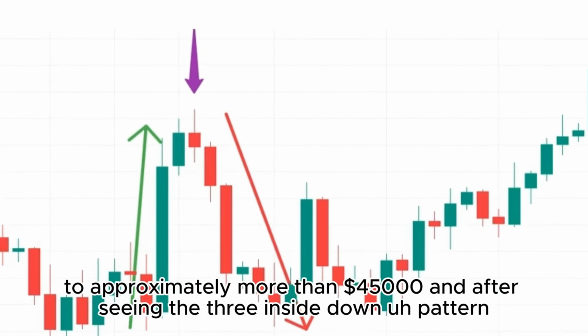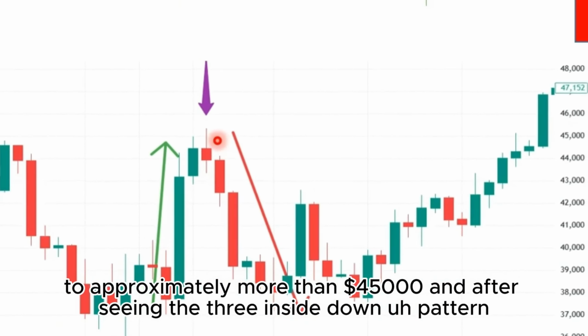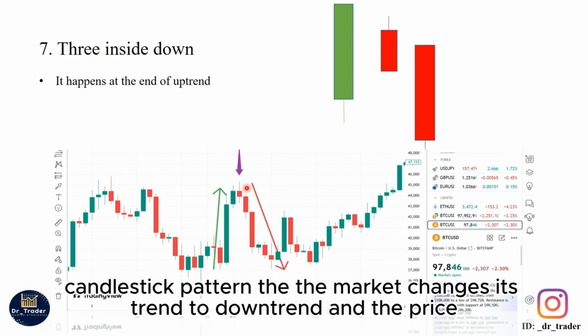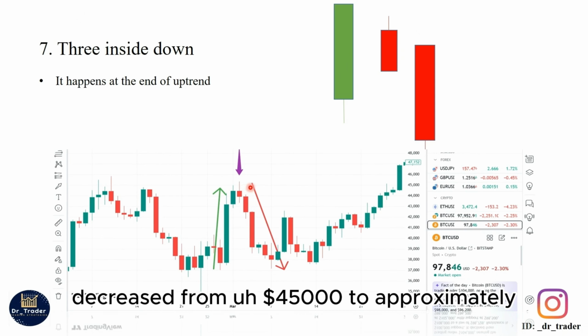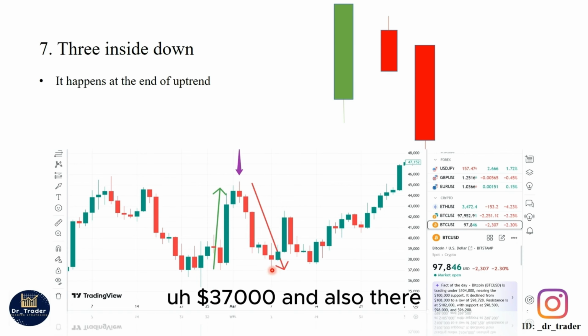And after seeing the three inside down candlestick pattern, the market changes its trend to downtrend, and the price decreased from $45,000 to approximately $37,000.